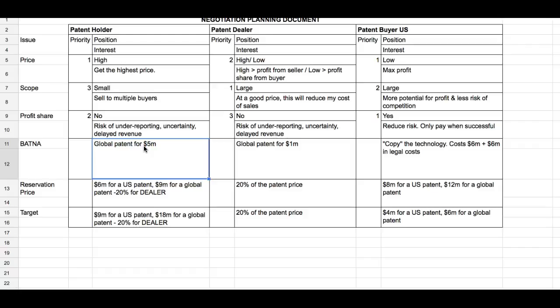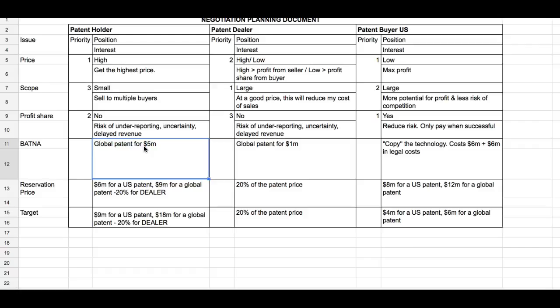That's why the bottom line for the dealer is $1 million. It's 20%, that's what's agreed with the holder. If you sell for 5 million, the patent dealer can get 1 million.